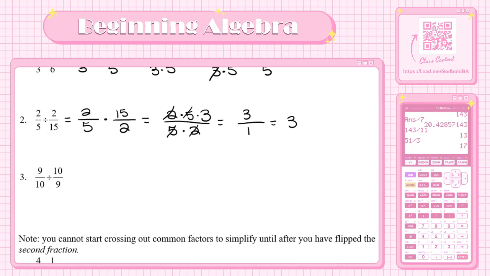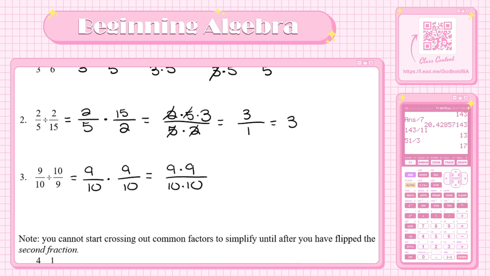Be careful with problems like this one. It's meant to trick you into thinking you can start crossing stuff out, but you can't, because first you have to write 9/10 times 9/10. You have to multiply by the reciprocal. So then I get 9 times 9 over 10 times 10.